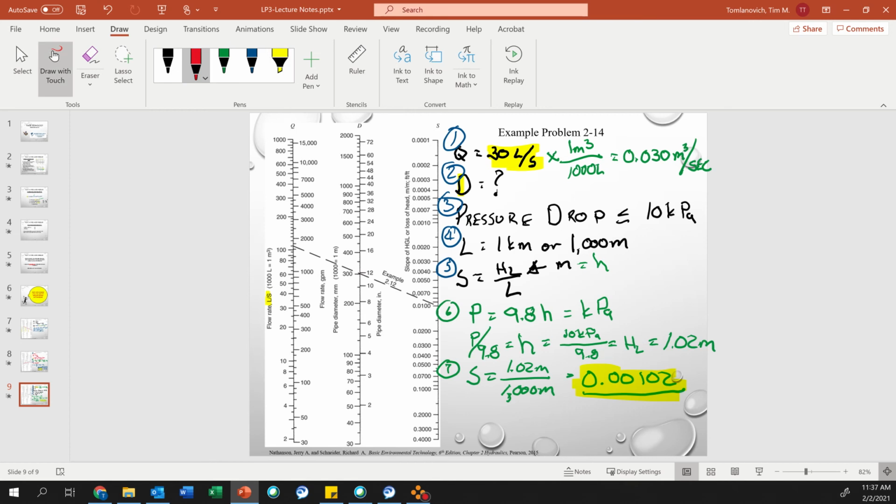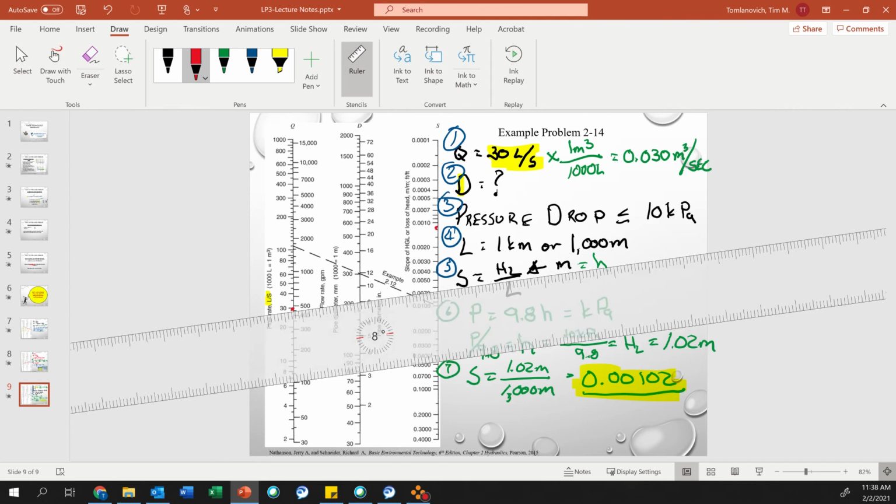So S is 0.00102, about 0.001. Okay, I'm going to say that's maybe right about there. I don't know, is that the halfway mark there? Somewhere in there, right? Okay, we know our Q is 30 liters per second, right there.